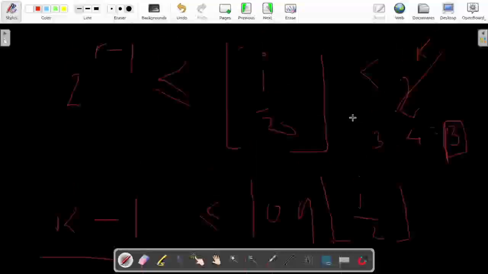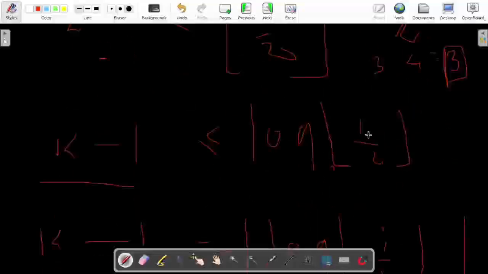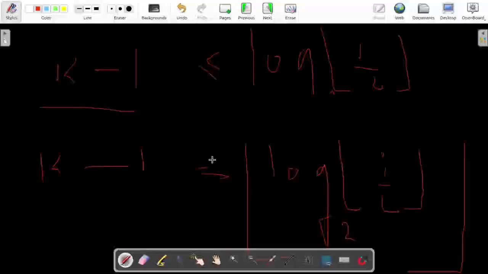Now tell me one thing, what I said earlier: this is the closest power of 2 which is less than i by 2. So if I take floor of this value, of course our value is equal to that power, no?